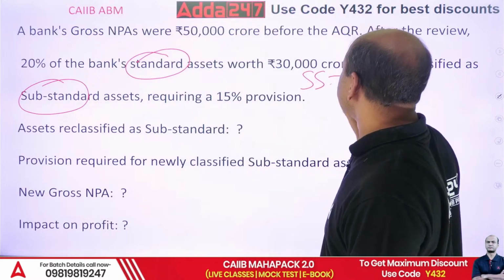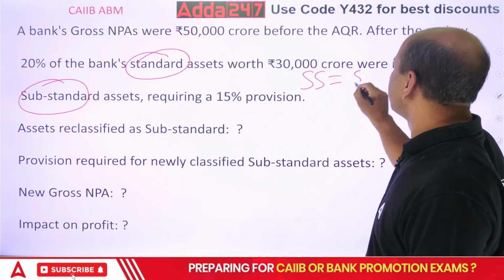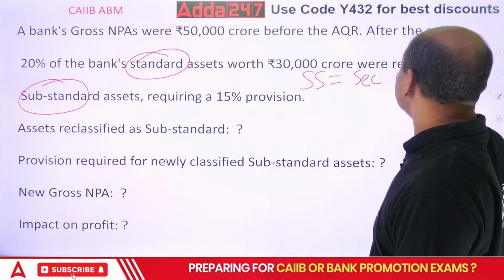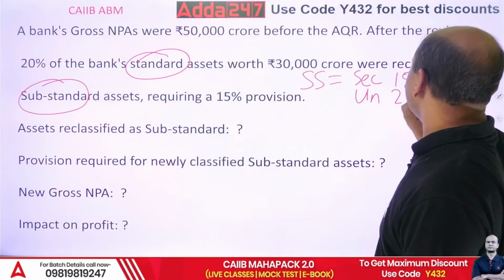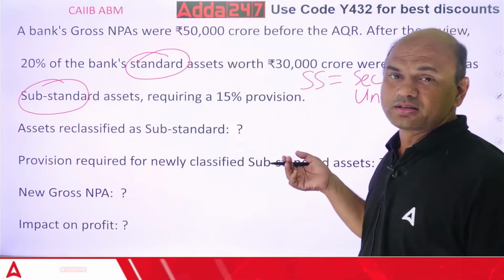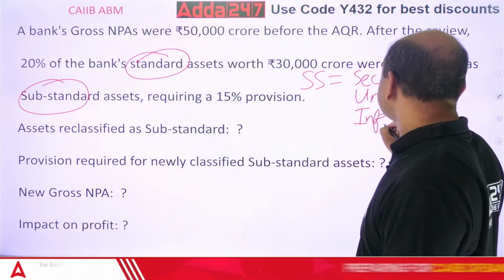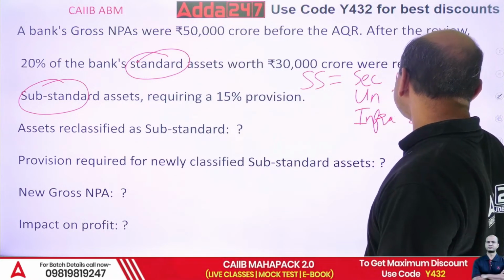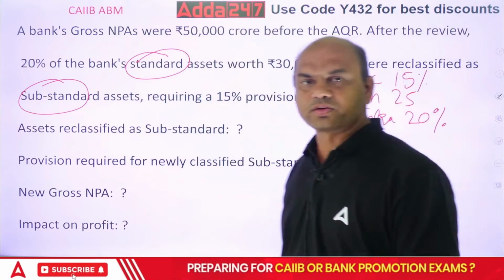For secured it is 15%. For unsecured it is 25%. And third one is infra. If it is infra, then it is 20%. Infra is 20%. Got it?